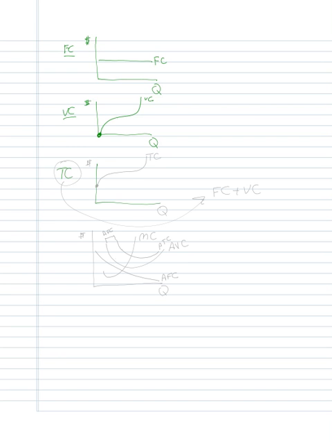And then my total cost, which is the summation of the two, would start at the fixed cost and keep that same shape. Because essentially total cost would be my fixed cost plus my variable costs.